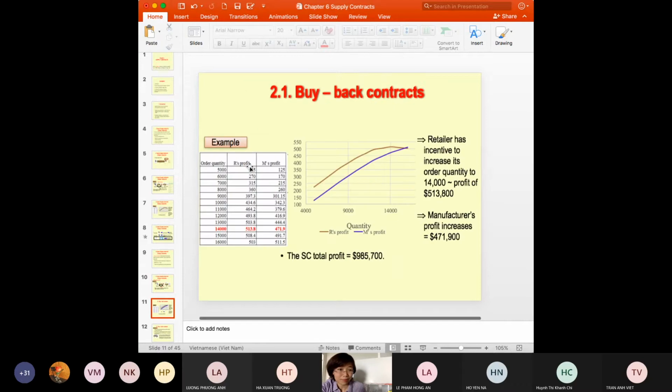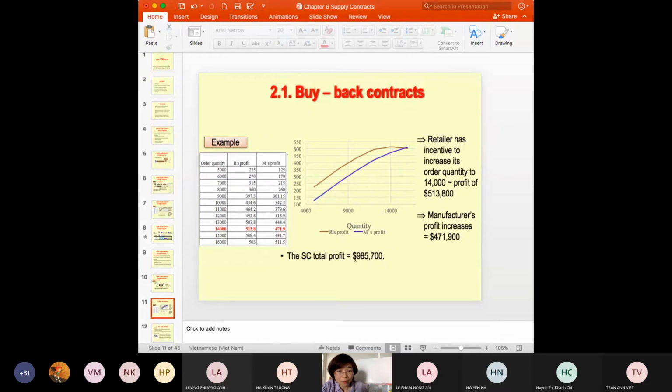So if you look at this, in the previous case they ordered 12,000, and right now they can order 14,000, and the profit they get is 530. And you can see the manufacturer can get 471,100.